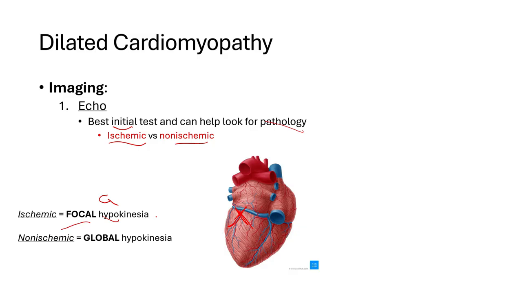So look for focal, and then of course for non-ischemic causes like viral myocarditis, peripartum, pregnancy, etc., look for words like global. It's affecting the entire heart. Thus the entire heart, the left ventricle, the right atria, the left atria, is going to have decreased ejection or decreased contractility. Remember, echo is going to show a decrease in ejection fraction as well, typically less than 55%.